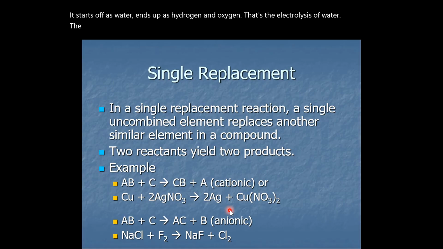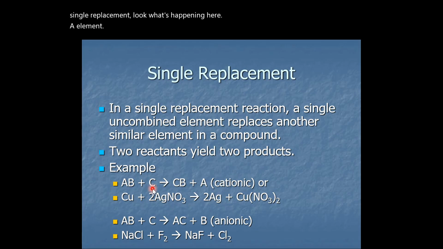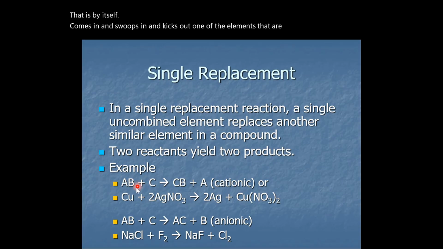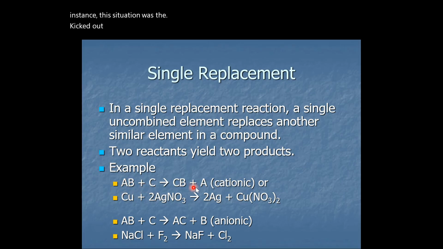The next 2 have interesting names called single replacement and double replacement. In a single replacement, look what's happening here. An element that is by itself swoops in and kicks out one of the elements in the compound. For instance, in this situation the C kicked out the A and took its place. See how it's CB? That's called a cationic single replacement.